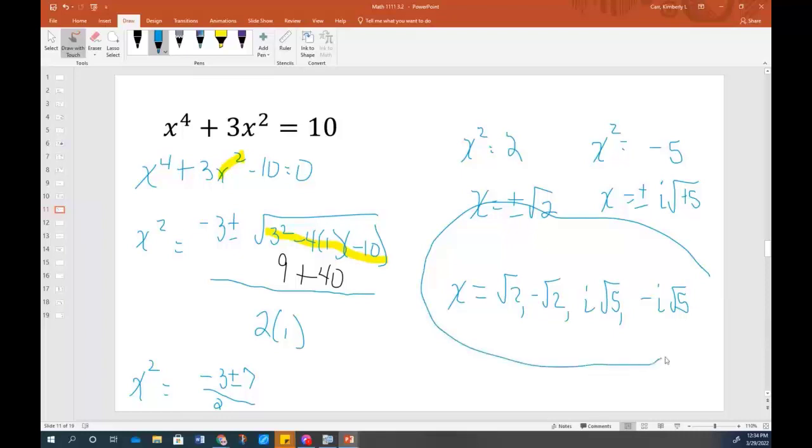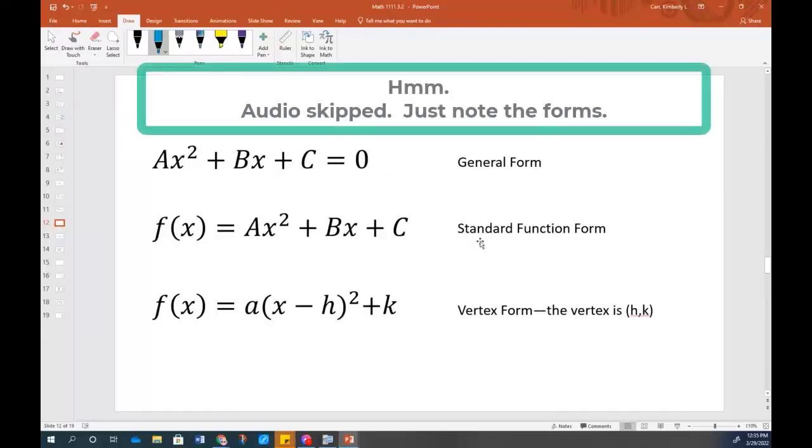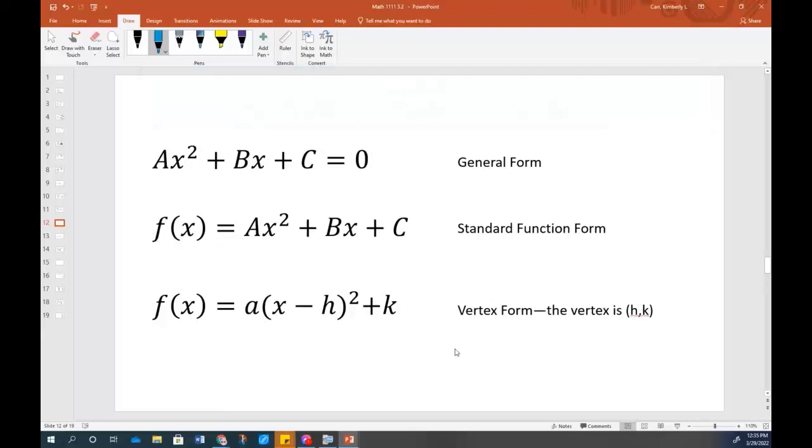So again, what we've been doing here is solving something that is quadratic in form. When you're dealing with quadratics, we have general form. That's pretty much what we've been dealing with, where it's equal to 0. On the other hand, vertex form is very handy because you can look at it and tell where that turn point is.